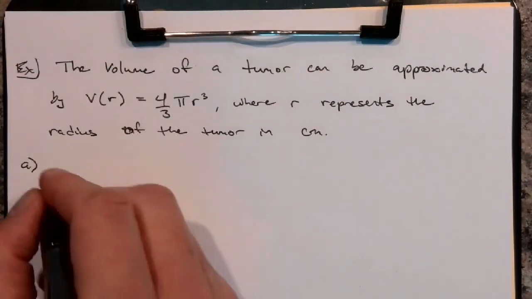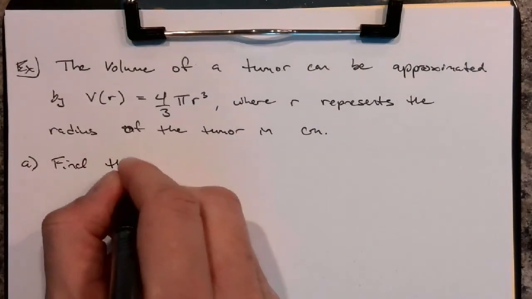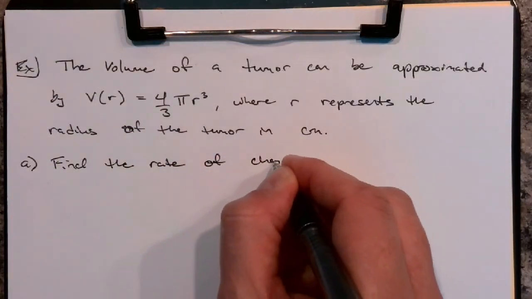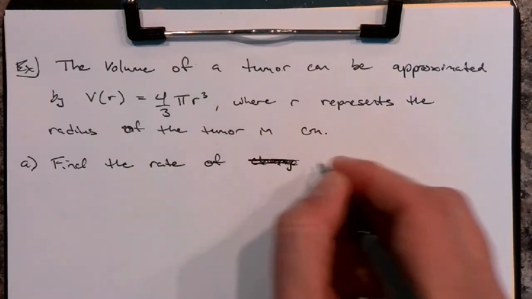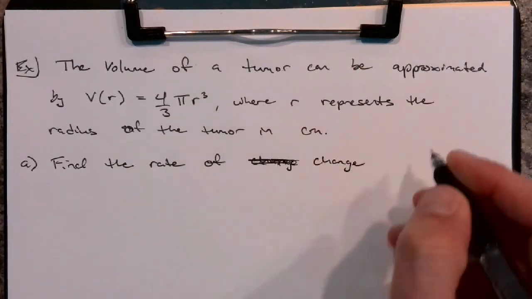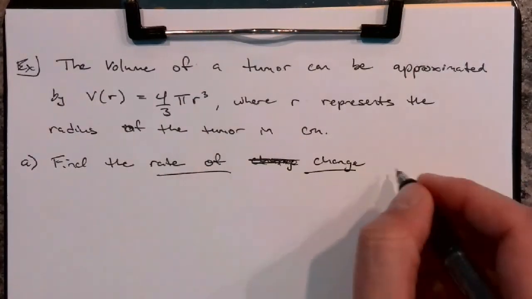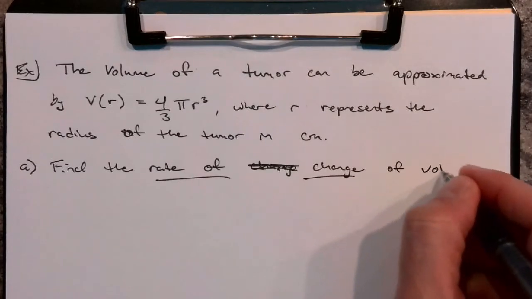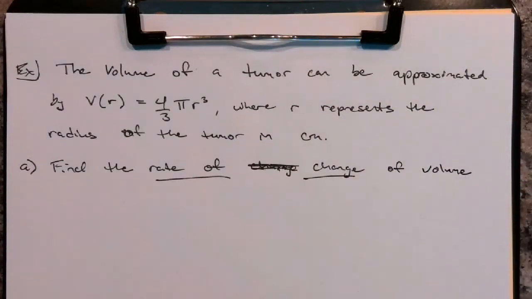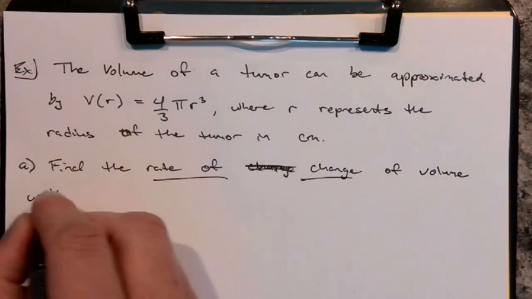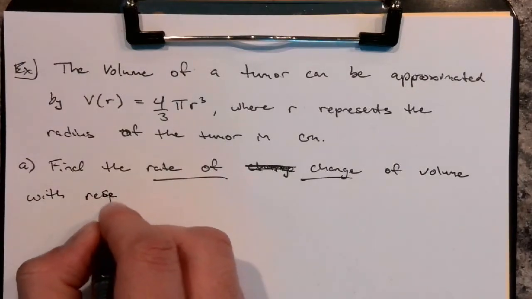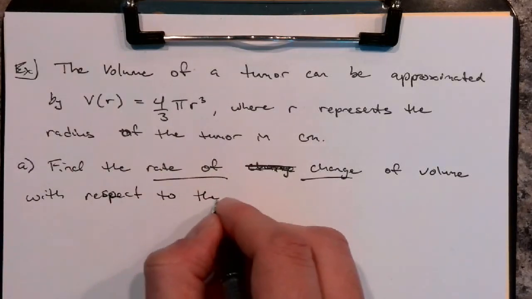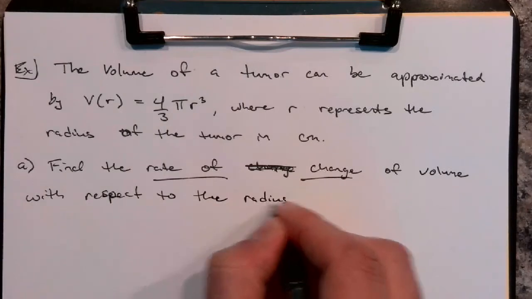It says find the rate of change of volume with respect to the radius.